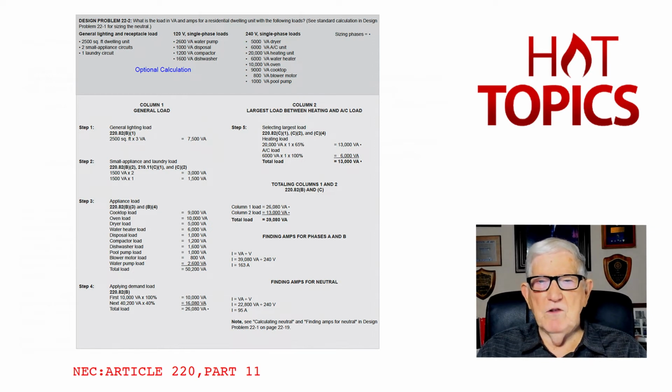So we add these two together and we come up then a total load of 39,080 when we apply both loads that we looked at. Now remember, the load in step 4 is 26,080. Here we have 13,000, so here's our service. Now notice this. When we divide that by 240, that same service now is 163, not 223 that we looked at in the standard.